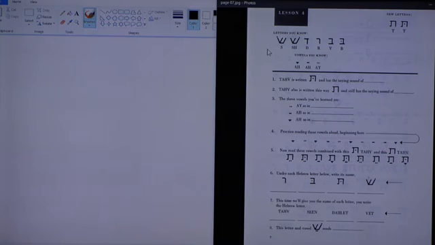This thing is called machberet, or notebook. And it is lined, instead of the way we line things, it's lined for Hebrew, writing the Hebrew letters. You can go ahead and use that, and it will be very helpful to put down the letters. There's enough space for them, and it works real well.